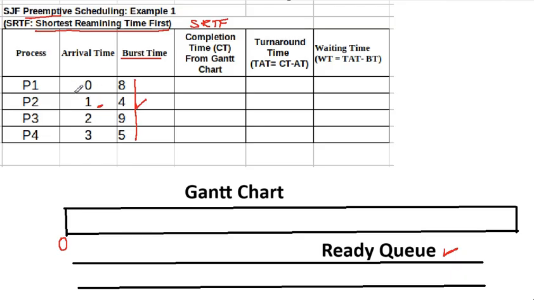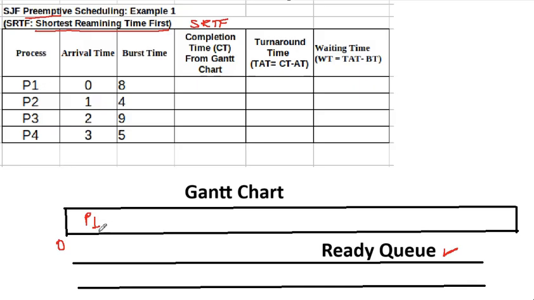But we will not complete P1, because as it is preemptive scheduling, after every one unit of time we have to check whether a new process is coming, and if that new process has a shorter time than the currently executing process, then we will preempt the current process and go for the new process, right?